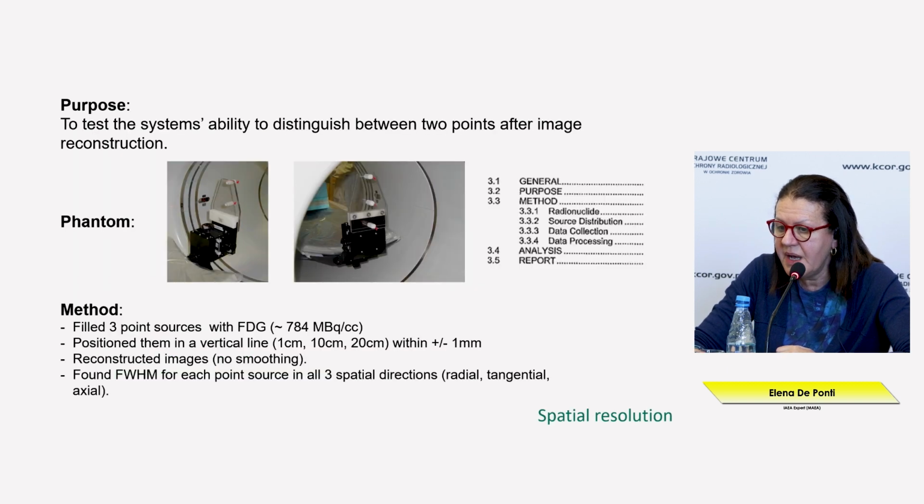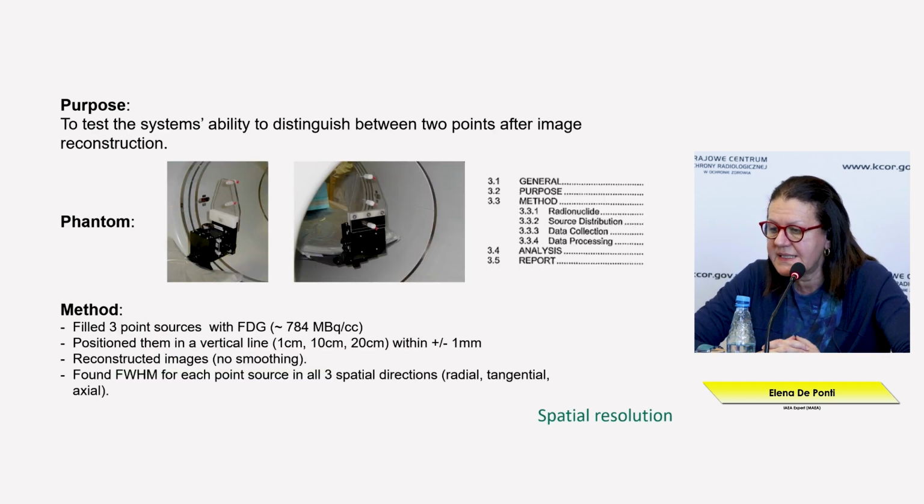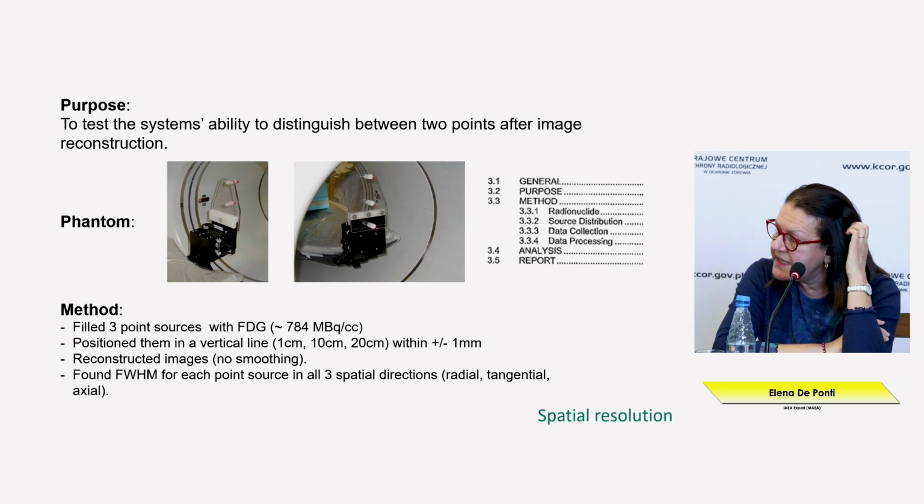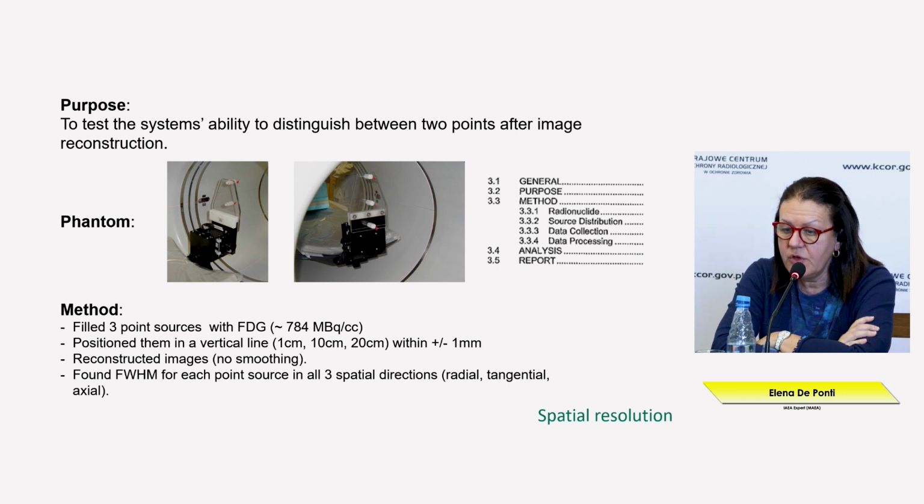And in the NEMA, the general scheme of a NEMA test is to give a general description and general purpose of the test that we are considering. Then we have the method to perform the test.